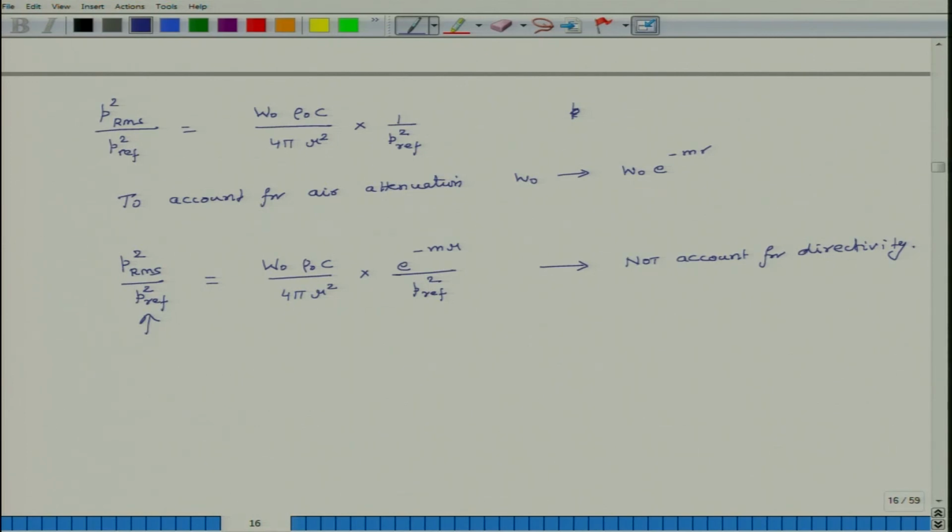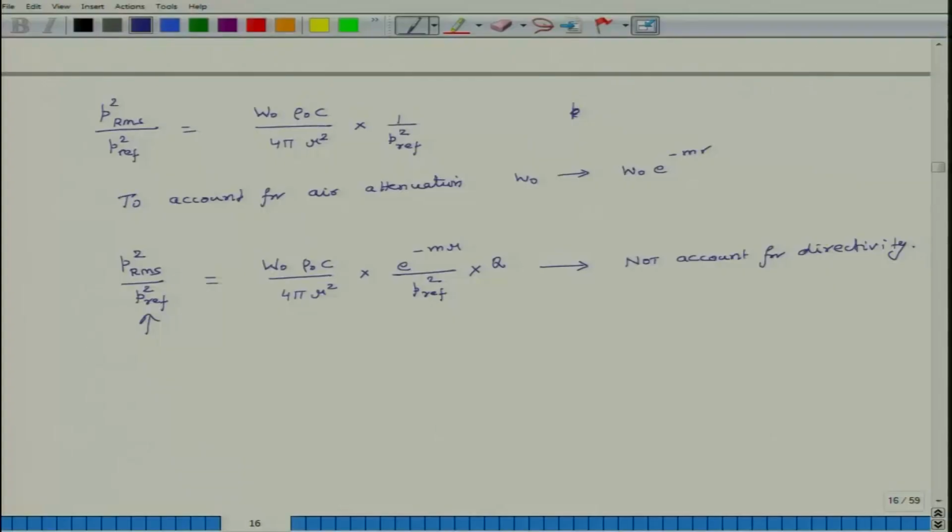And if the sound object is directional, then the only thing I have to do is multiply this by Q. If it is an omnidirectional source, then the value of Q is going to be 1. If it is a directional source and I am in a direction where there is a lot of sound, then the value of Q will be more than 1. If I am in a direction where there is very little sound coming out, then Q will be less than 1, and so on and so forth.